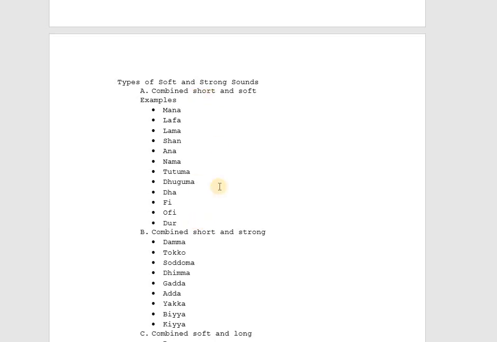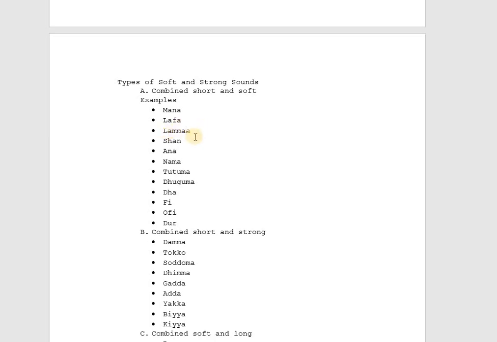If we change some of them, as I said, like lama, if I change that to lamma, this is not an Oromo word, but there is a name in some people's called Lamma. So when I change that, I made it strong.